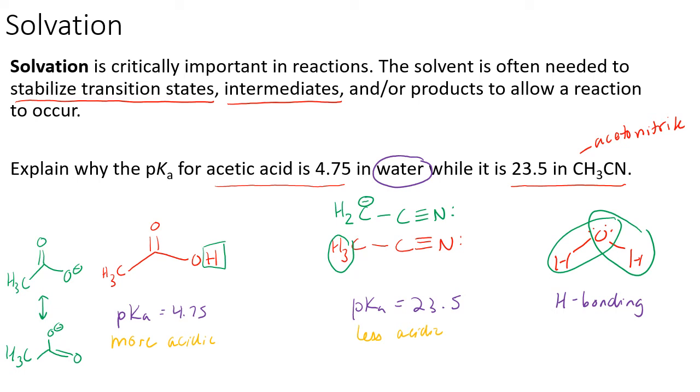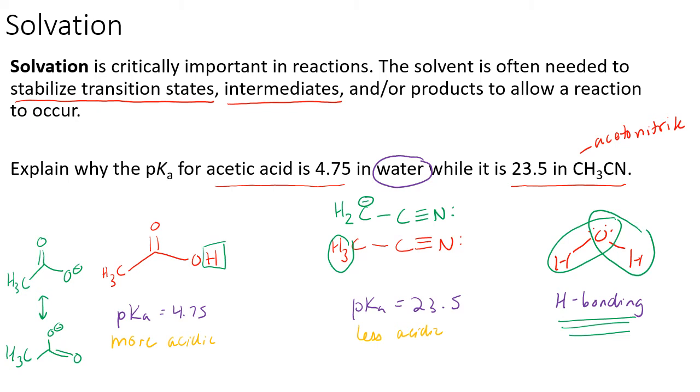So here we have no hydrogen bonding that can occur in something like acetonitrile. So water is going to be less able to stabilize the acetonitrile molecule than it could something like acetic acid. Water is a better solvent for acetic acid because they can stabilize each other with that hydrogen bonding that can occur.